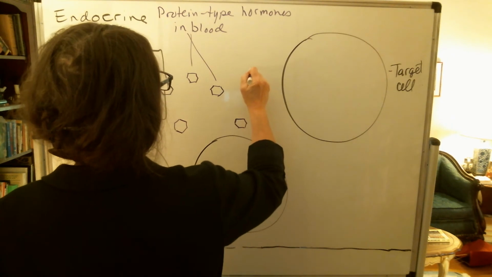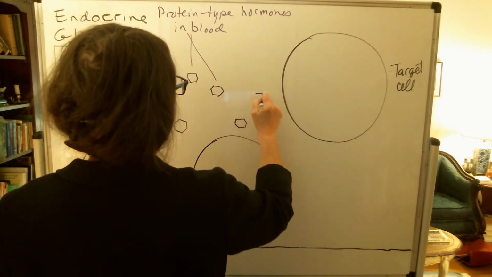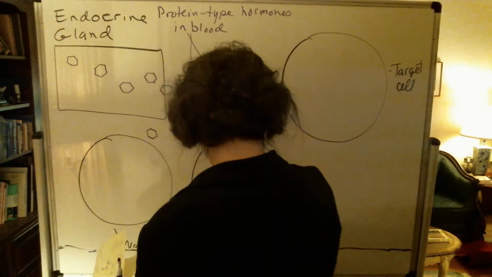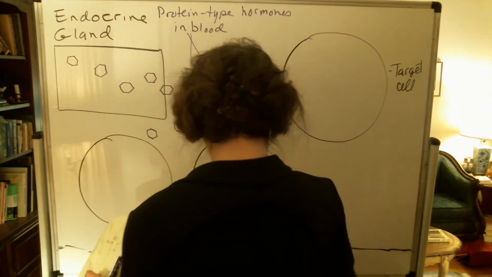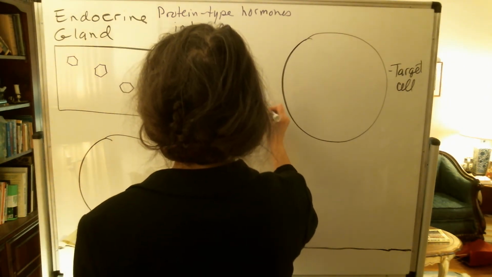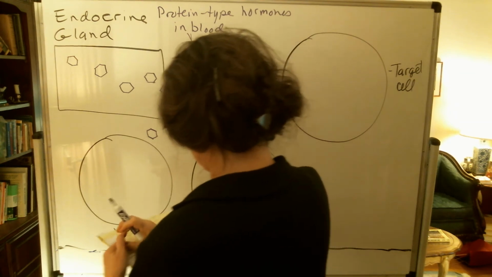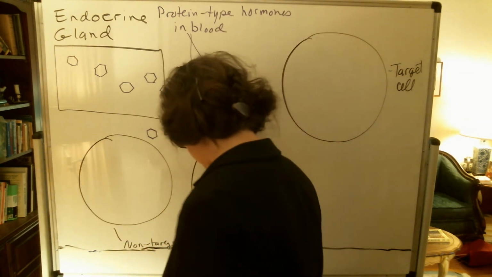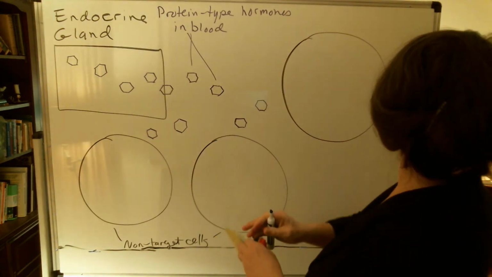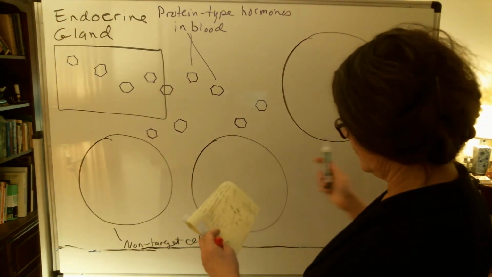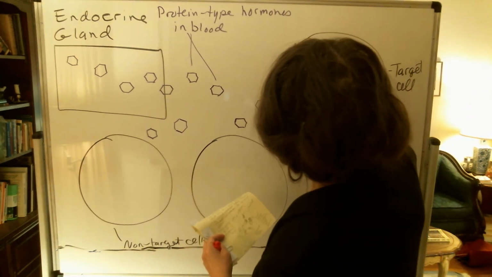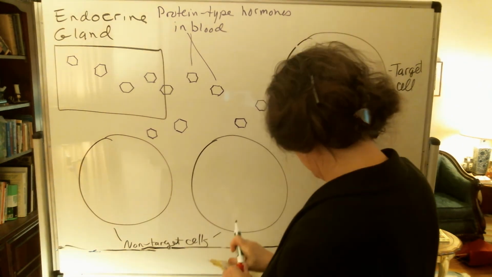Right, here we go. All right, so there we are. So on a target cell, what you are going to see then is an appropriate protein receptor.